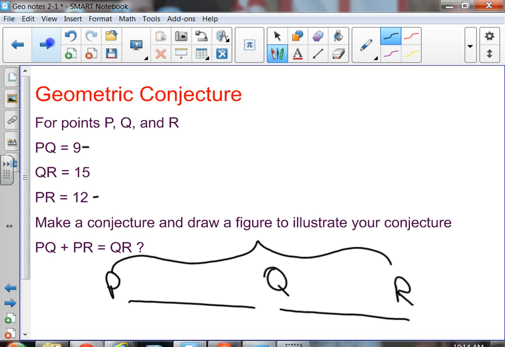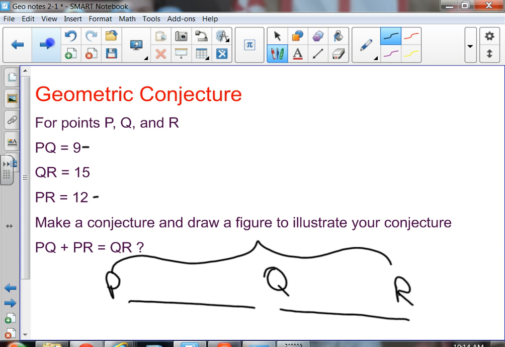Well, I don't. So what's a conjecture and draw a figure? What kind of figure are we going to draw? It's not a line. What else do we know? How many points are there? 3. What type of figures have 3 points?